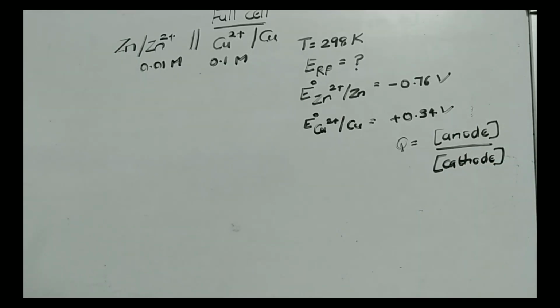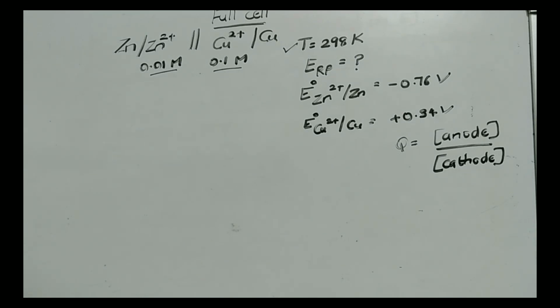In the previous one, for the half cell, Q we take as product upon reactant. For the full cell we take it as concentration of anode upon concentration of cathode.